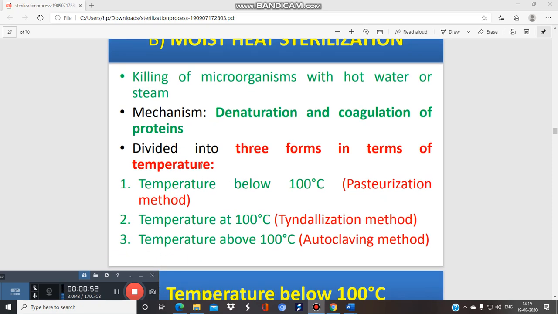It is divided into three temperature ranges, that is below 100, at 100 degrees Celsius and above 100 degrees Celsius. The method above 100 degrees Celsius, that is autoclaving, we have completed. When the moist heat is below 100 degrees Celsius, it is known as the pasteurization method, and when it is at 100 degrees Celsius, it is known as the tyndallization method.